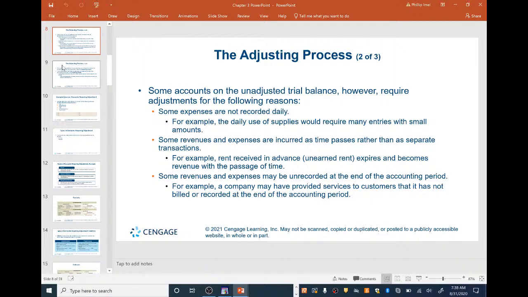He's keeping a little note of it in his little journal. He hasn't recorded anything within the actual financial statements yet, but he's making little notes of every job he does. So at the end of the month, he's going to make his adjusting entry and set up an account receivable and then credit the revenue earned for the services that he provided to customers that he's not billed or recorded at the end of the accounting period.